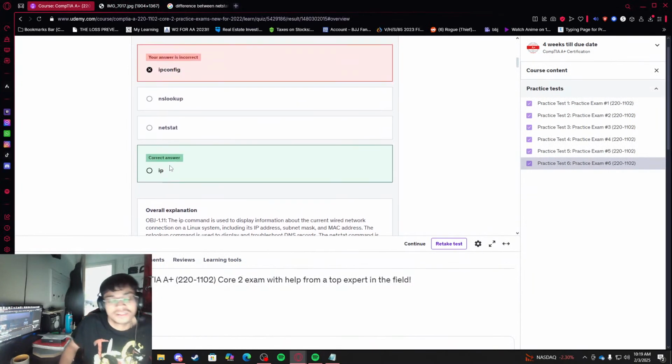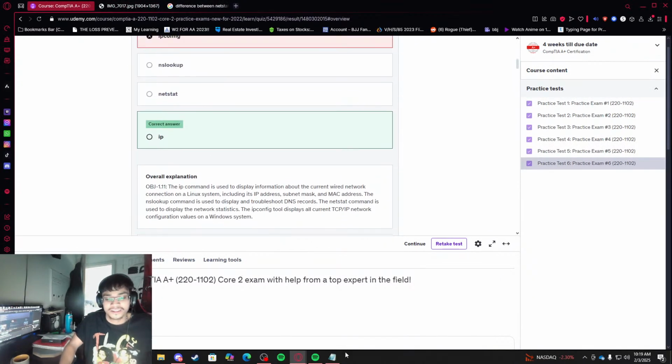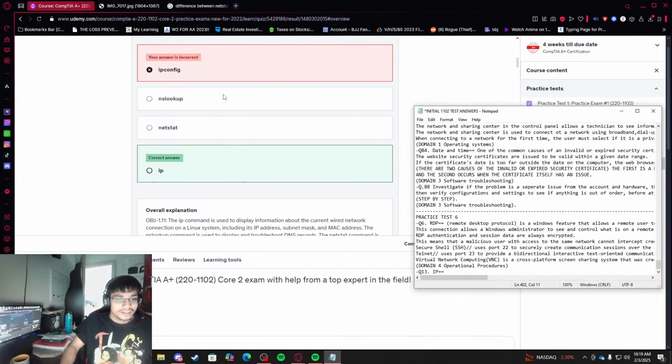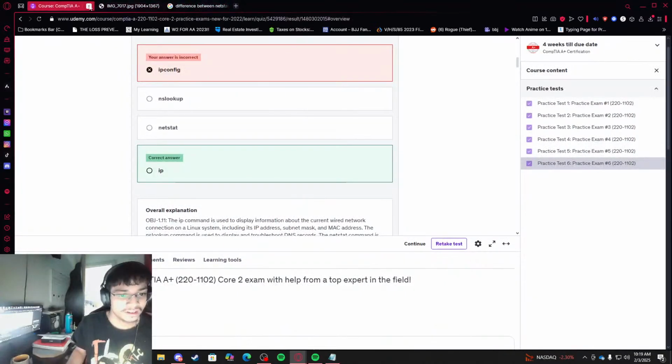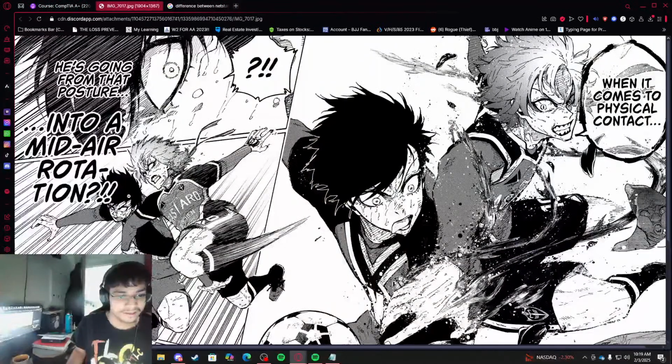Yeah, that makes sense. Damn, but this is an early on question. Alright, so netstat is for... No, NSLOOKUP is for DNS queries about domain names and IP addresses. Netstat is used to monitor network connections. This is so cool.